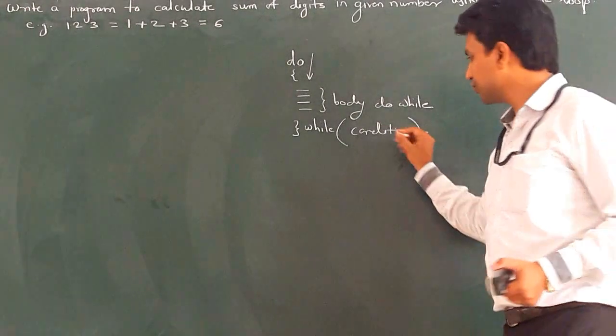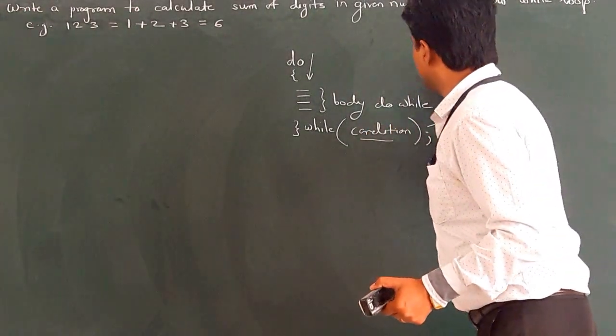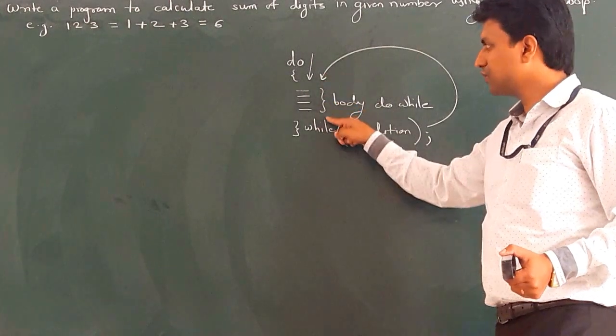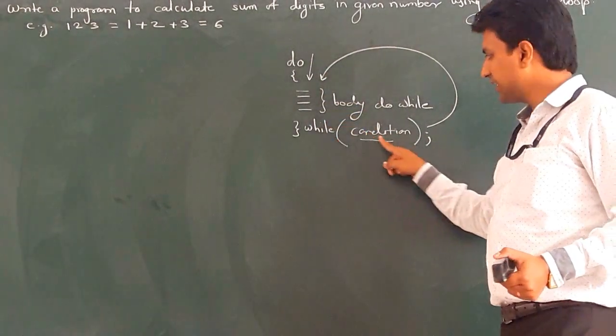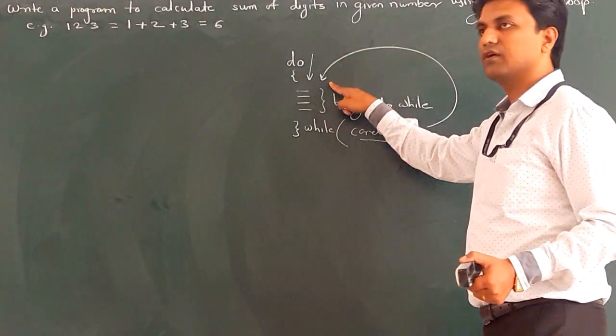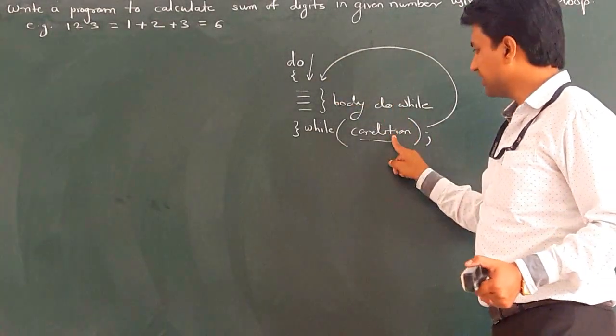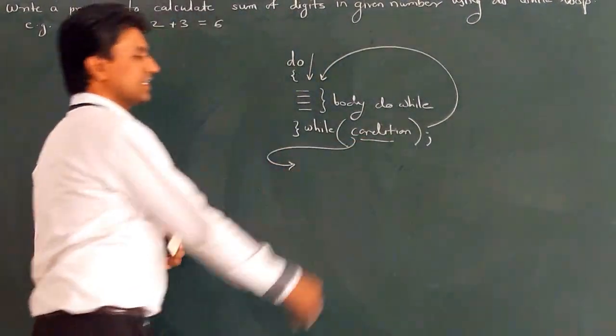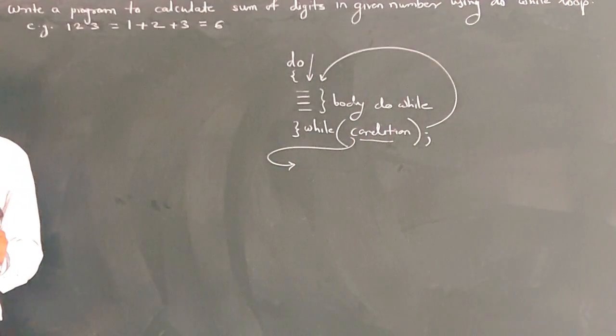If the condition is true, the loop continues, with entry to the body again and the condition checked again. If the condition is false, the cursor automatically goes to the next line after the do while.